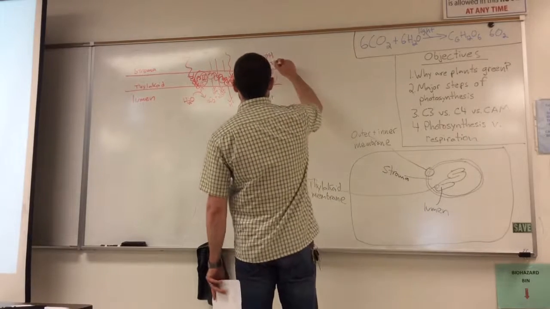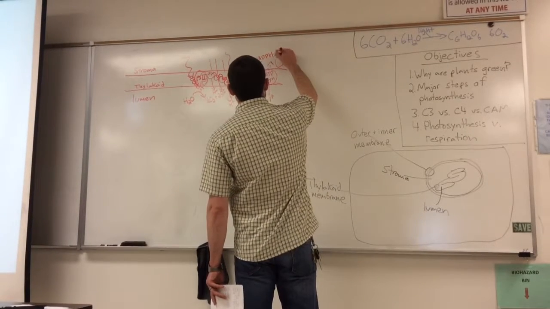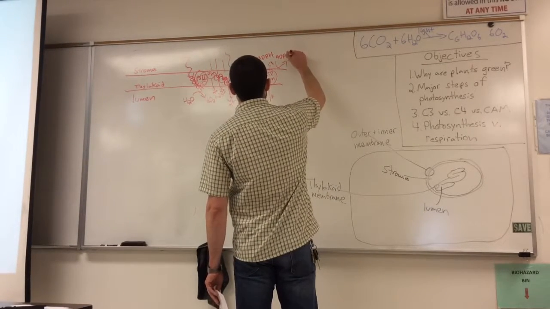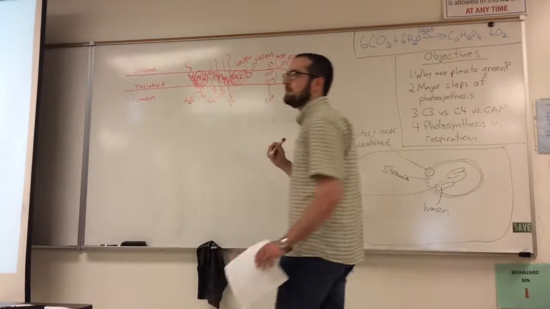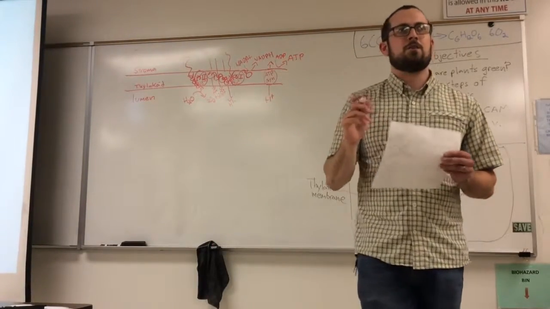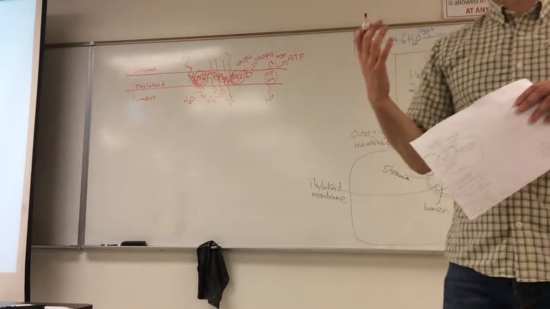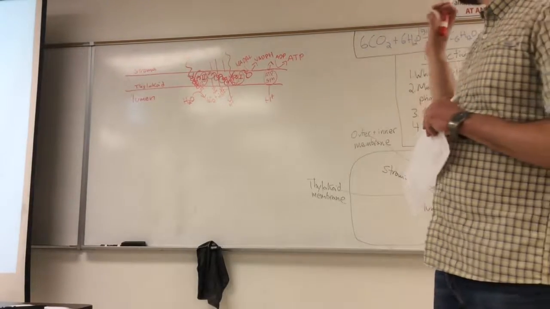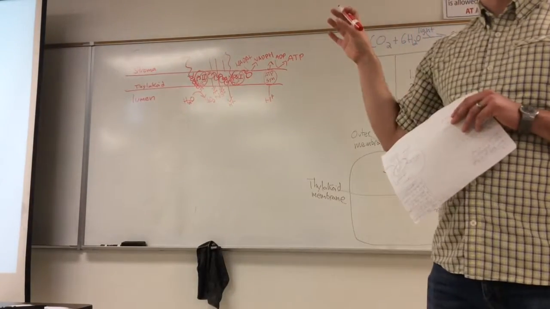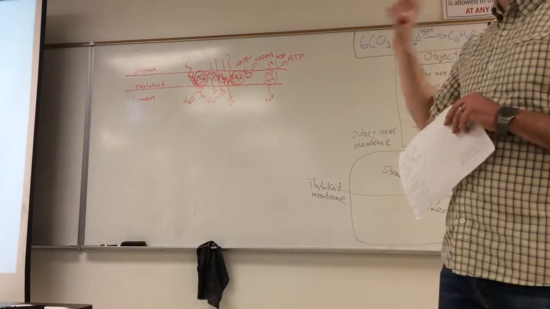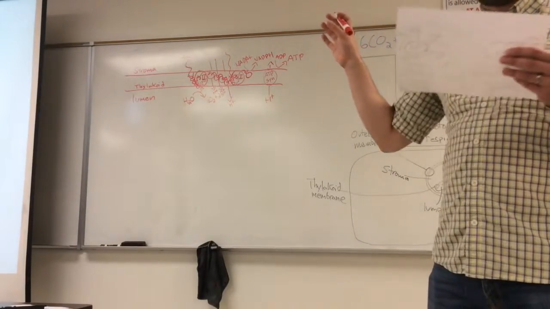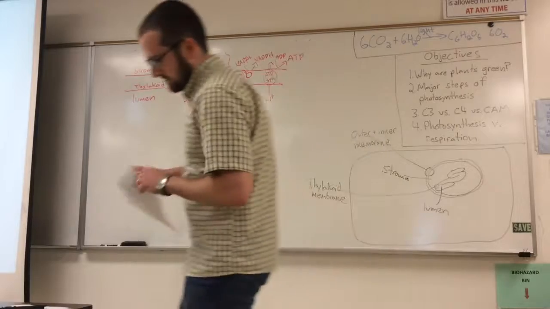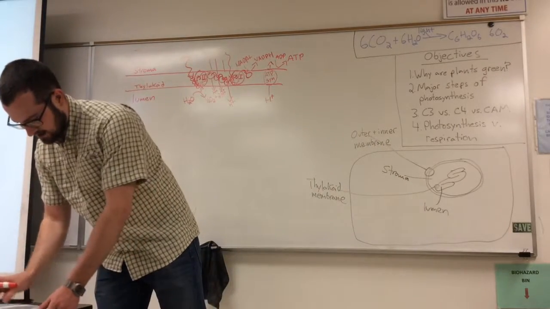And so we'll be converting ADP to ATP. So now in the stroma, we've built up a bunch of electron carrier, NADPH, and also a bunch of ATP, which we will use subsequently in the Calvin cycle.